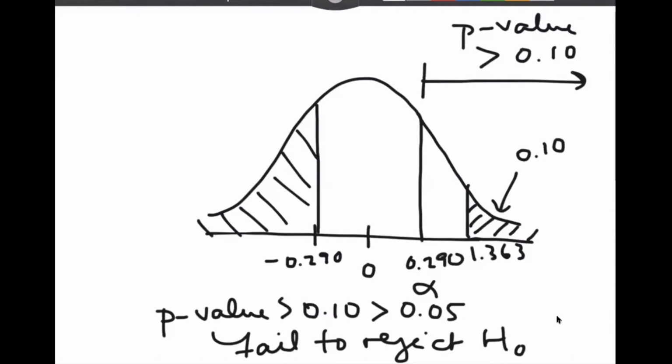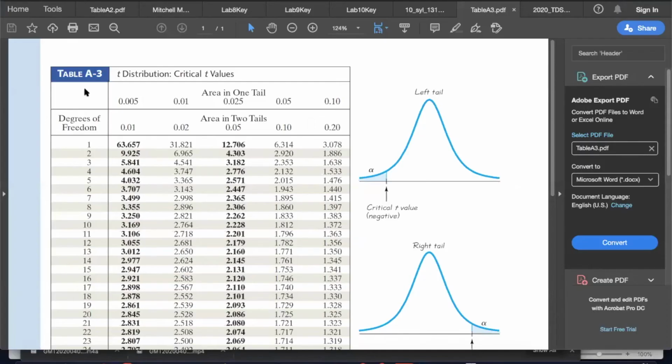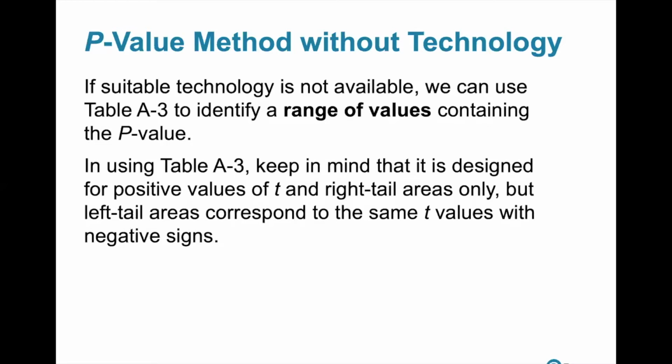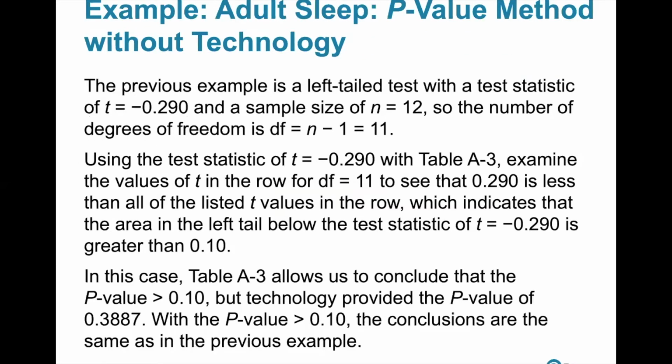Switching back to PowerPoint. This says the same thing as what I just showed you. Using the test statistic of t equals negative 0.290 with table A3, examine the values of t in the row for degrees of freedom equals 11 to see that 0.290 is less than all the listed t values in the row.